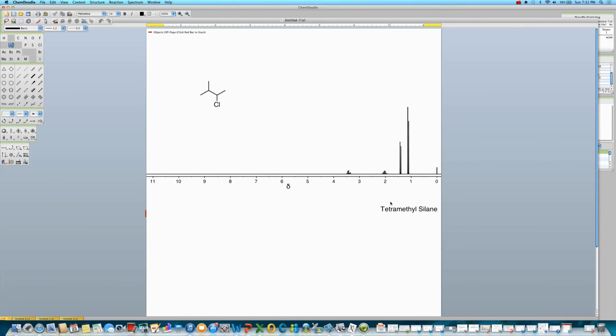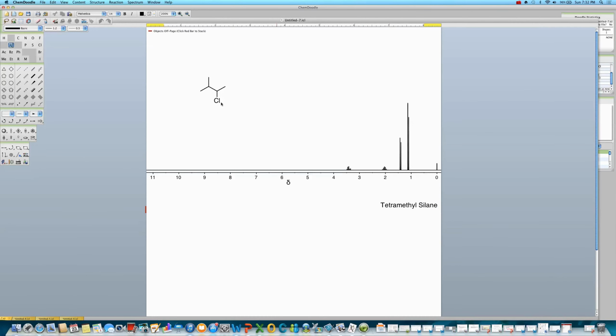And so tetramethylsilane corresponds to the peak right here at 0. So we don't count this. What we do count are 1, 2, 3, 4 proton environments.